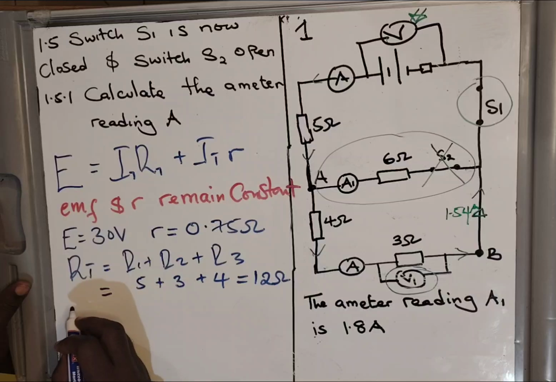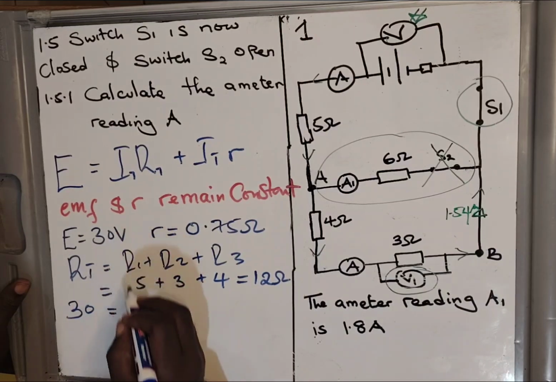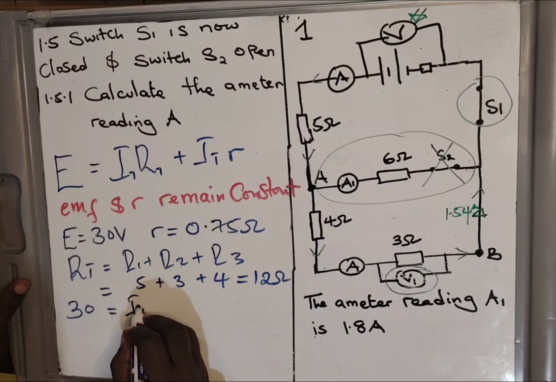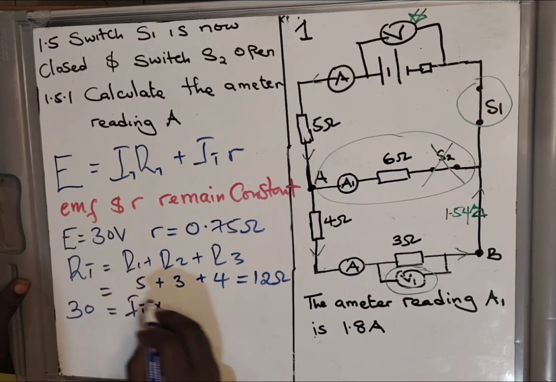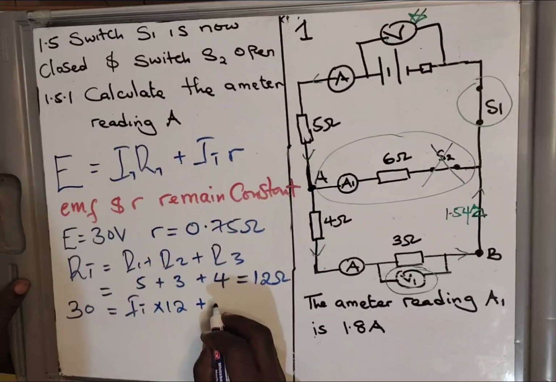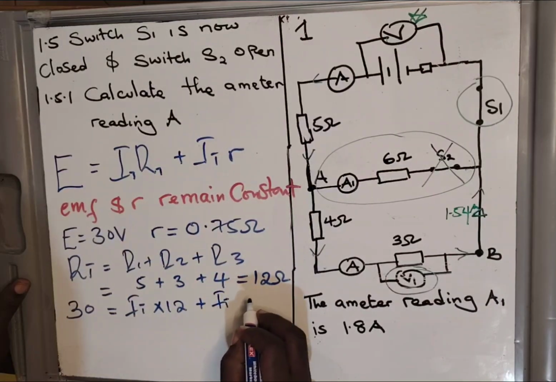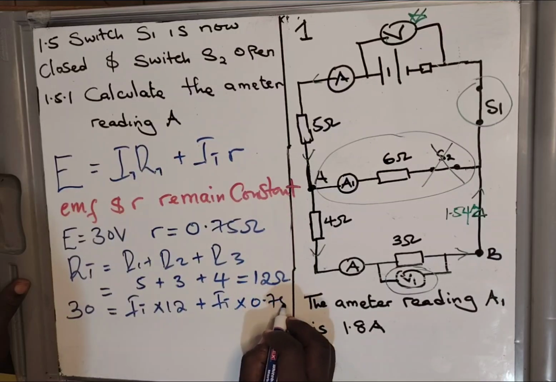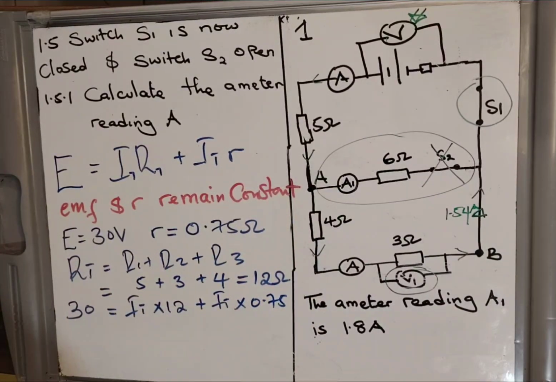You are going to say 30 for EMF equals I total, which is needed, times R total, which is 12, plus I total, which is wanted, times internal resistance, which is 0.75. So from here, we are set to get I because it is the only unknown. So let us go through this.